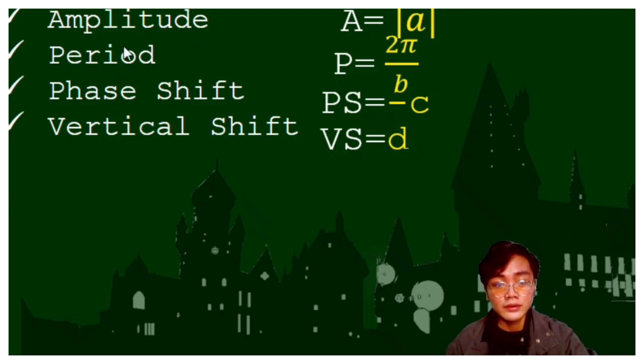In order to find the period, we use the formula P equals 2 pi over b. Next is the phase shift, which is PS equals negative c. The last one is the vertical shift, which is VS equals d.